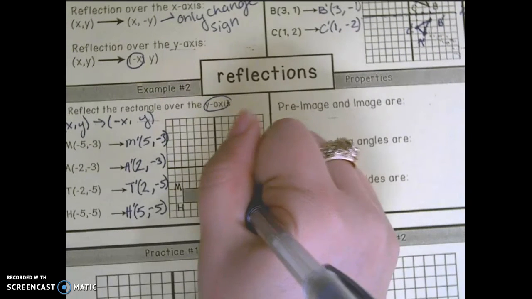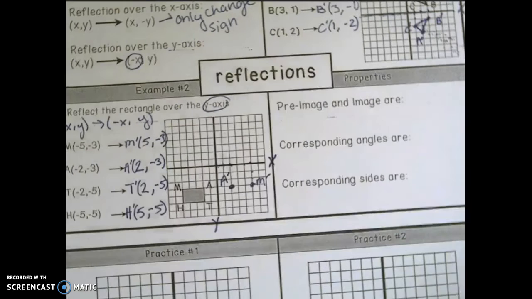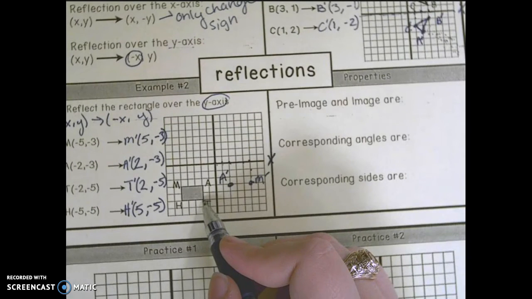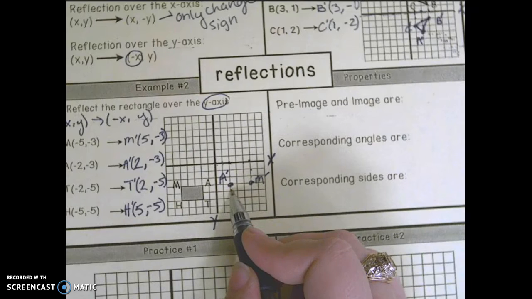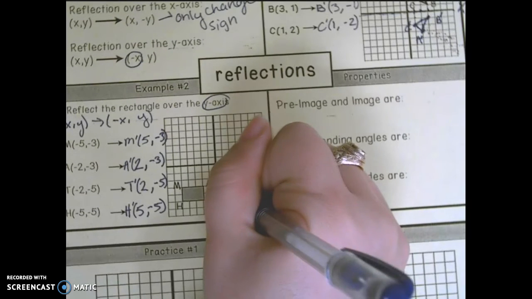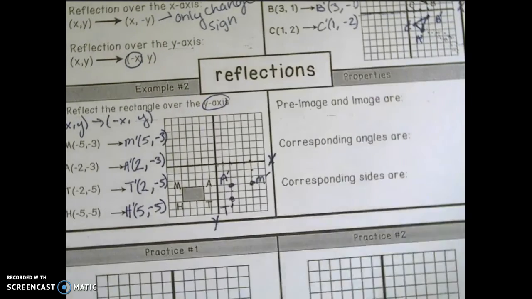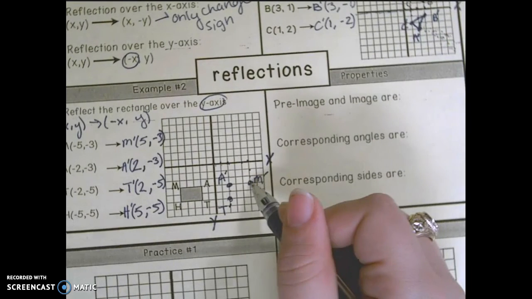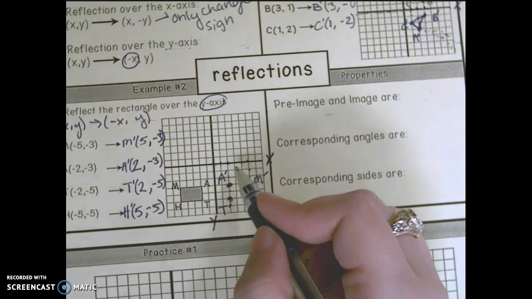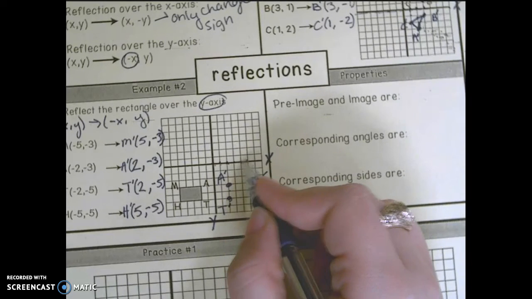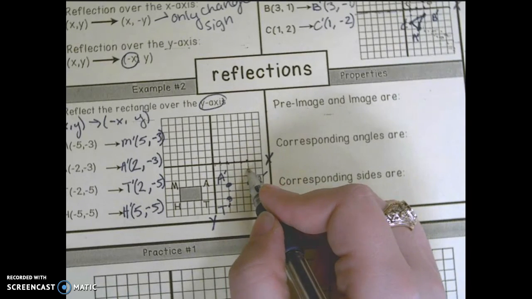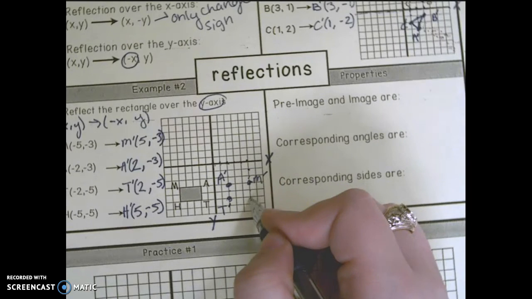So this is my A primed. Doing the same thing with T, which is at 2, negative 5, so negative 3, negative 4, negative 5. T primed. And then my H will be at positive 5, so 1, 2, 3, 4, 5, and negative 5. 1, 2, 3, 4, 5.